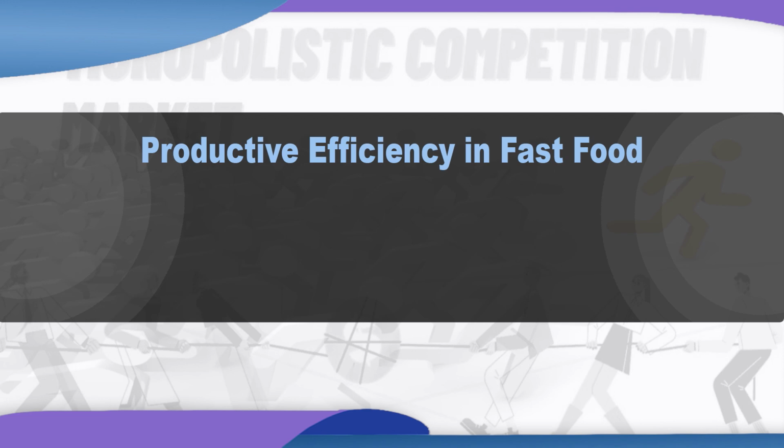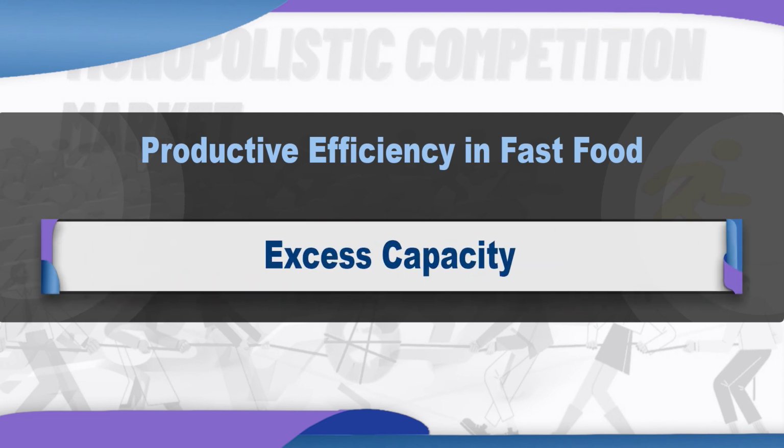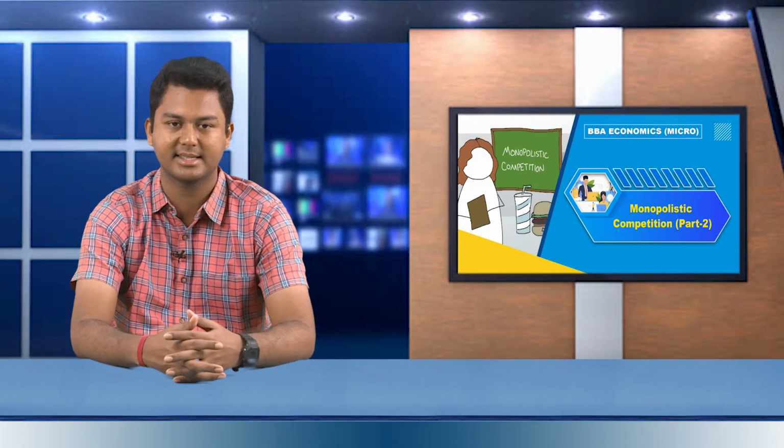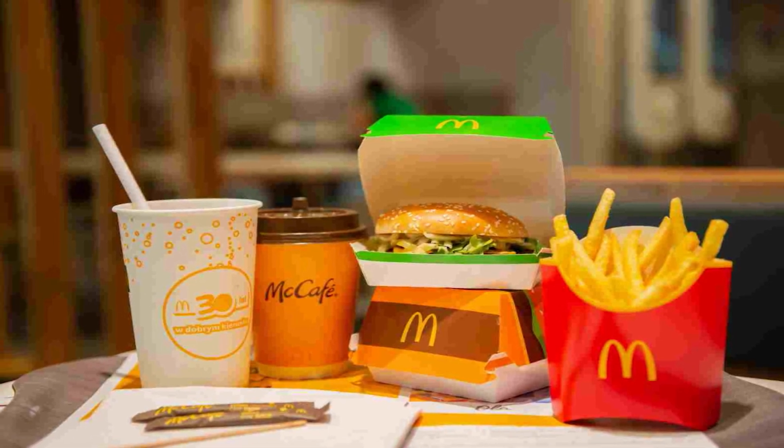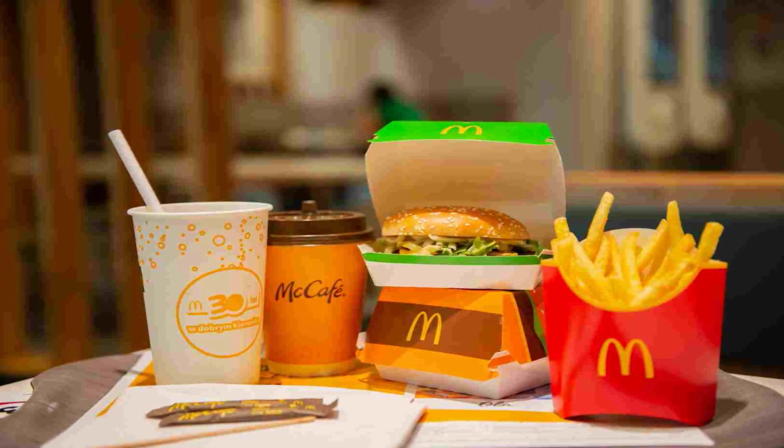Looking at productive efficiency in the fast food industry, if we consider excess capacity, then firms in monopolistic competition like fast food chains such as McDonald's, for instance, are unlikely to produce at the minimum point of their average total cost, because the demand they face is downward sloping.